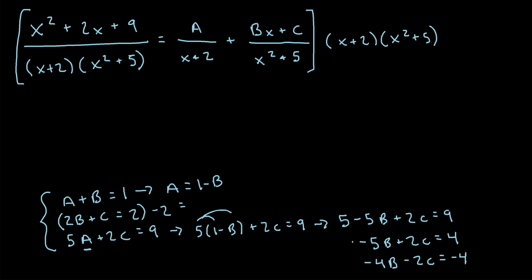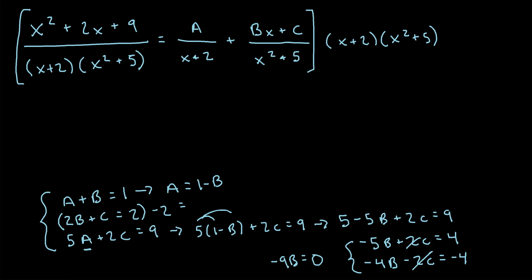So if we combine these two equations together, the c's would cancel out, and we would be left with negative 5b plus negative 4b, that's negative 9b, is equal to 4 minus 4, which is 0. So we can see negative 9b is equal to 0.